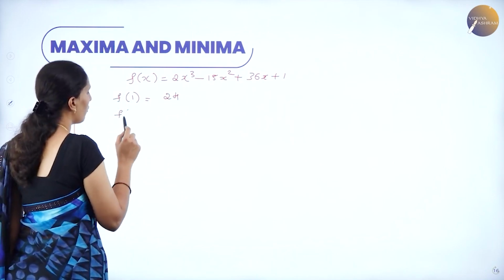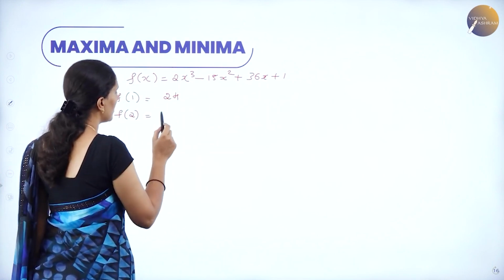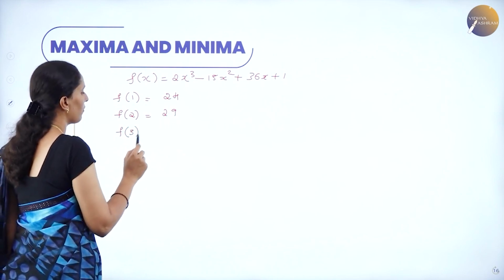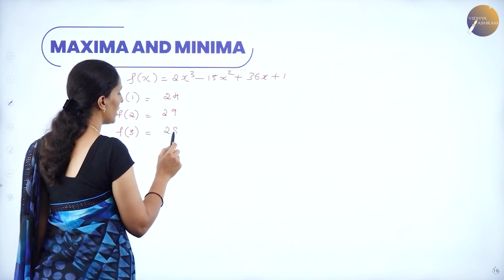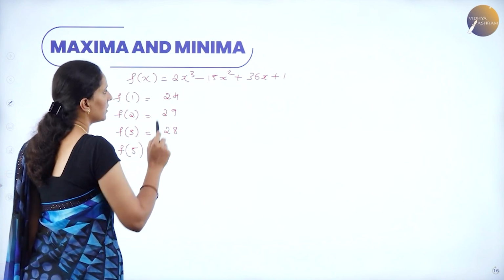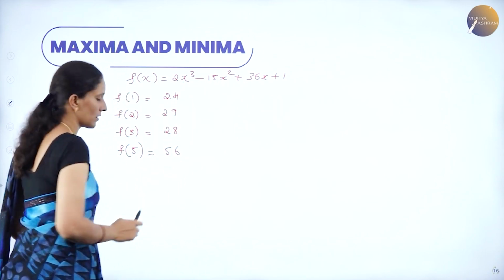Next, we will find f of 2. When you substitute 2 in the place of x, you will get the value as 29. Next, let us find f of 3. When you substitute 3 here, you will get the value as 28. Next, we will substitute 5. When you substitute 5 in the place of x, you will get the value as 56.